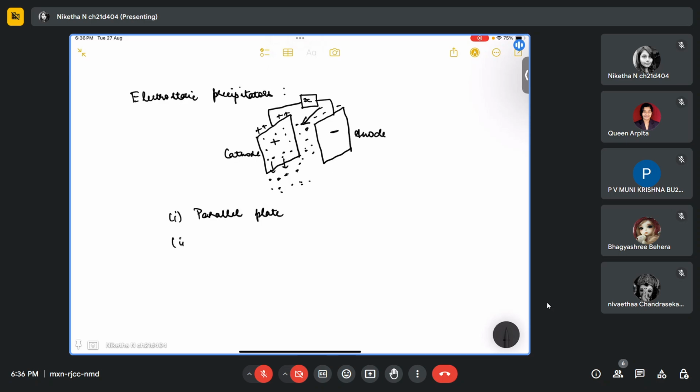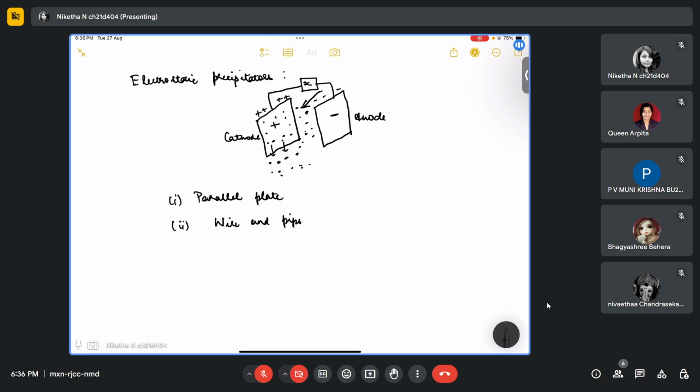And the other one is the wire and pipe type. So in this wire and pipe, there is a pipe like this, and in between this you have a wire.